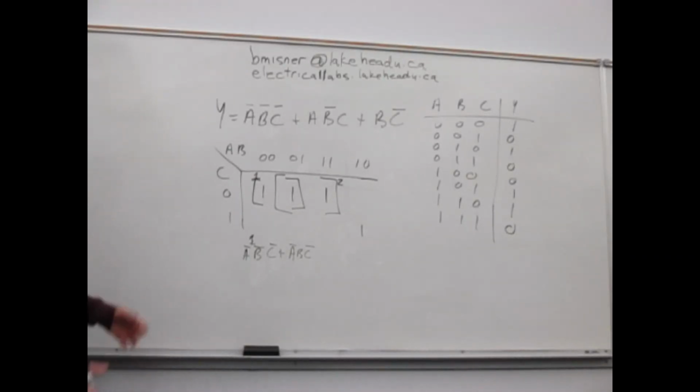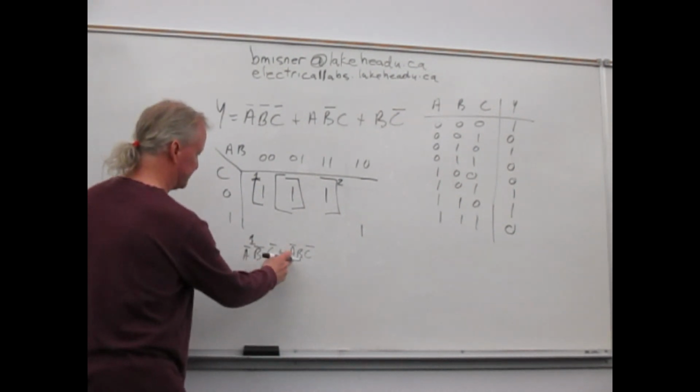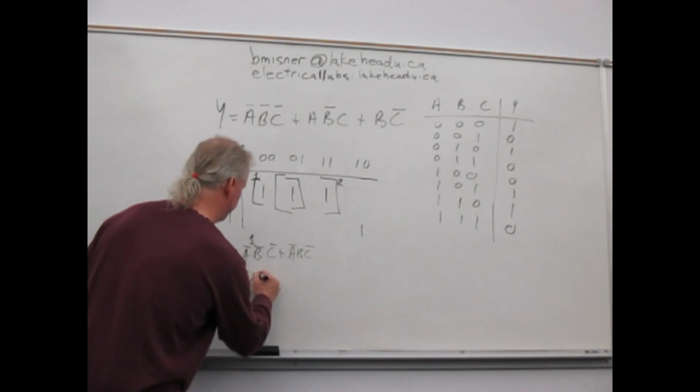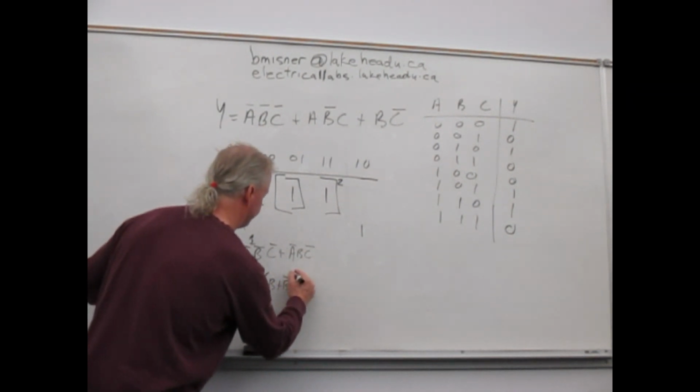So what ends up happening is we have these terms here. We can pull out A bar, C bar, and then we have B or B bar.